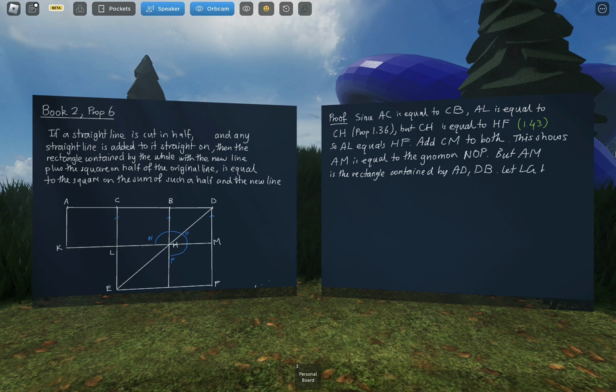Let LG be added to both. So if we add it to the gnomon, then we get the square on CD is equal to AM plus that square on LG.